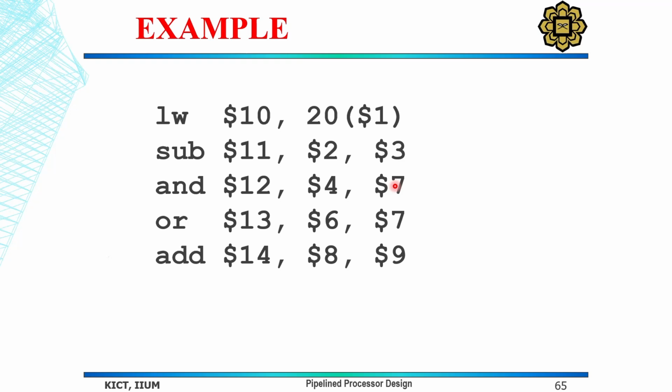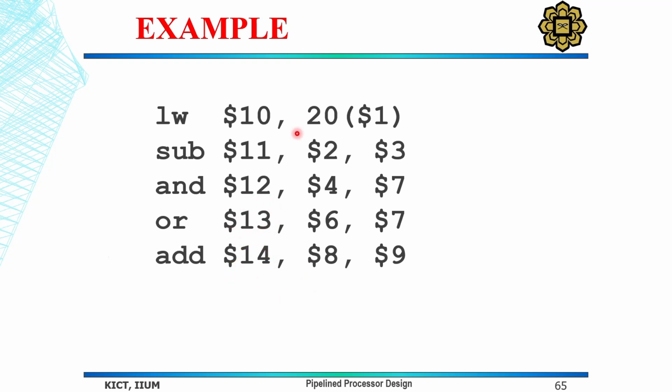Another thing to notice is that load word writes to $10. I hope you already know that we are using register numbers; you can see in the MIPS register list which register each number is for, for example temporary registers. Then this instruction writes to $11, this one saves its result in $12, this one in $13, and this is $14.